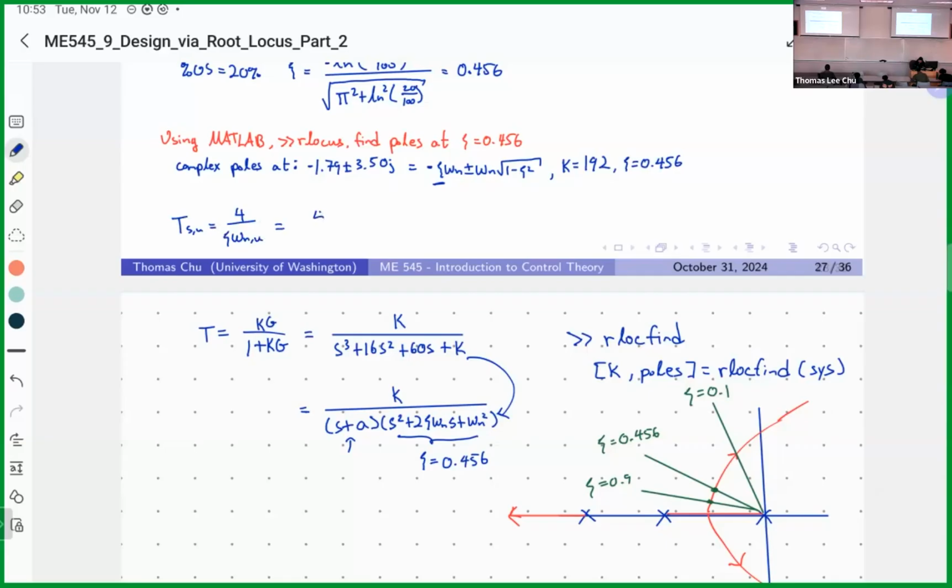And I get 4 over 1.79, which is equal to 2.32 seconds. To get our compensated settling time, it's going to be 1/2 of the uncompensated settling time, which is 1.12 seconds. And we want this at zeta equal to 0.456.